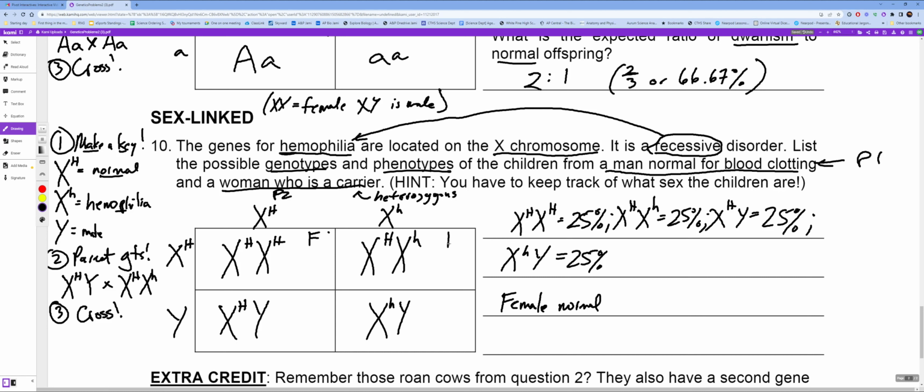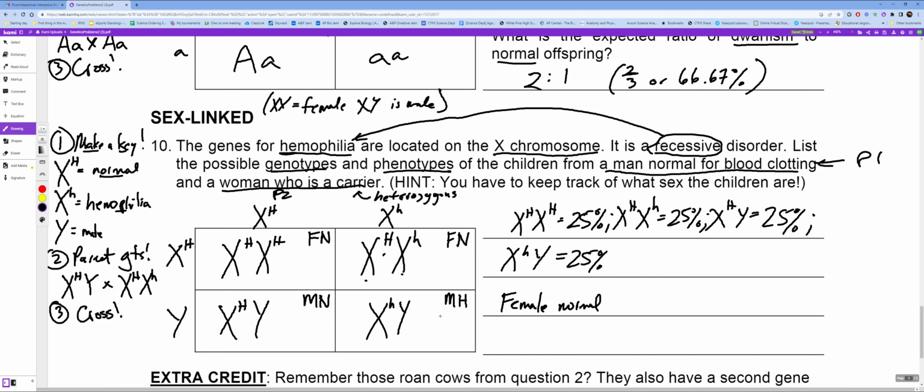These are both female because they have X's, and they both have at least one big H, so I'm going to put an N here for normal, FN for normal. Okay, these bottom two are males. This male has a big H, so he's going to be normal, and then this other male over here has only a little h, so since he only has a little h, he's going to have hemophilia. So I'm going to put an H there. So 2 females, 2 males.